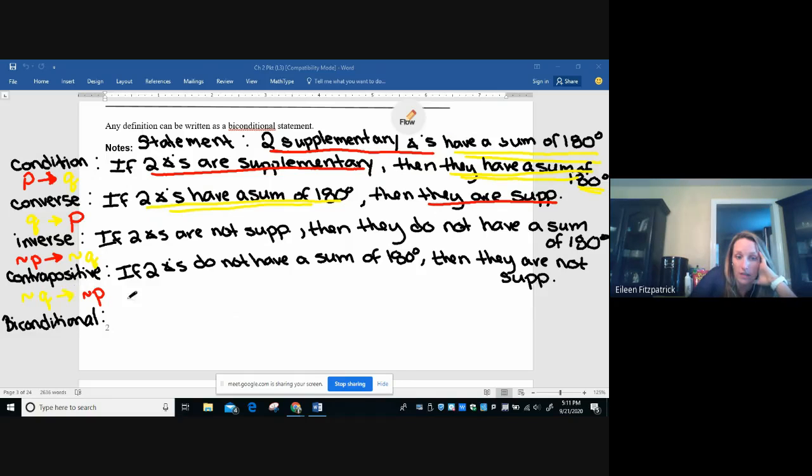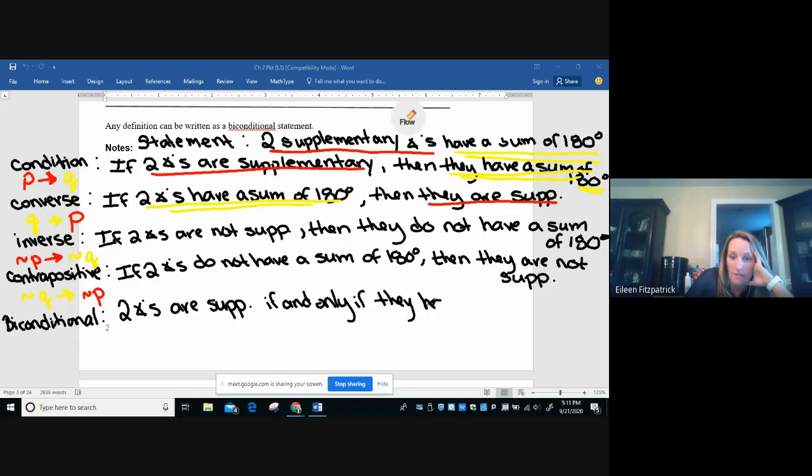Okay, so the way you would write that is two angles are supplementary if and only if they have a sum of 180.